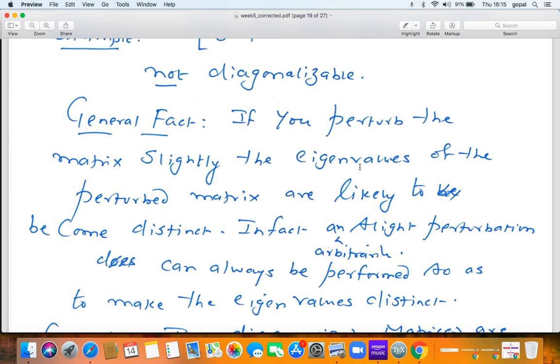If I give you two matrices, A1, B1, C1, D1 and A2, B2, C2, D2, I can think of them as two points in R4. What is the distance between these two matrices?